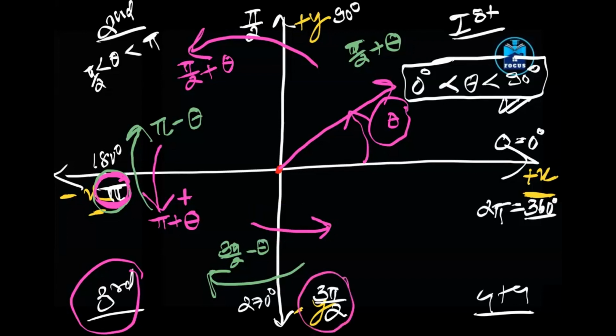The axis is 3 pi by 2. Oh, sorry, 3 pi by 2 plus theta. Yeah, 3 pi by 2 plus theta, because you are going in the forward direction. But if you want to come from the negative direction, which is the backward direction, you have to consider this value and you have to write 2 pi minus theta. Is this clear to you?